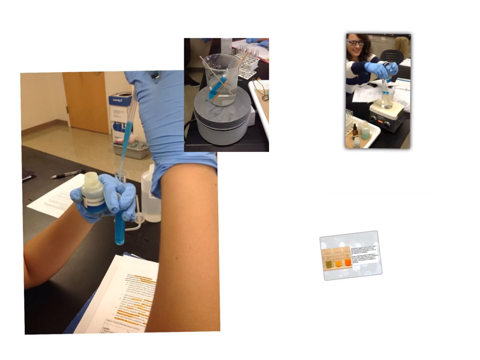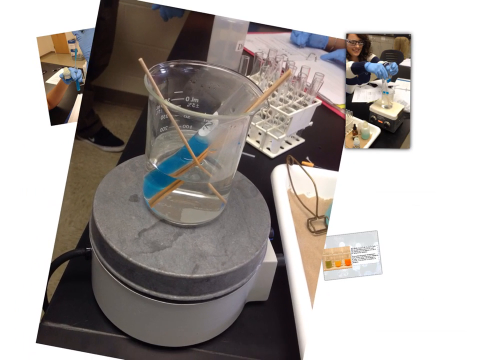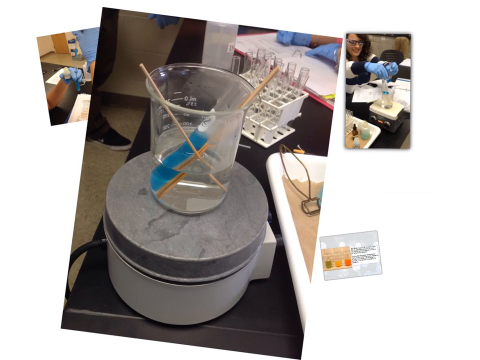Once you've added that, you're going to gently boil your test tube in water for 3 minutes, and it should be a rolling boil. Once you do that, you are then going to observe the color change.